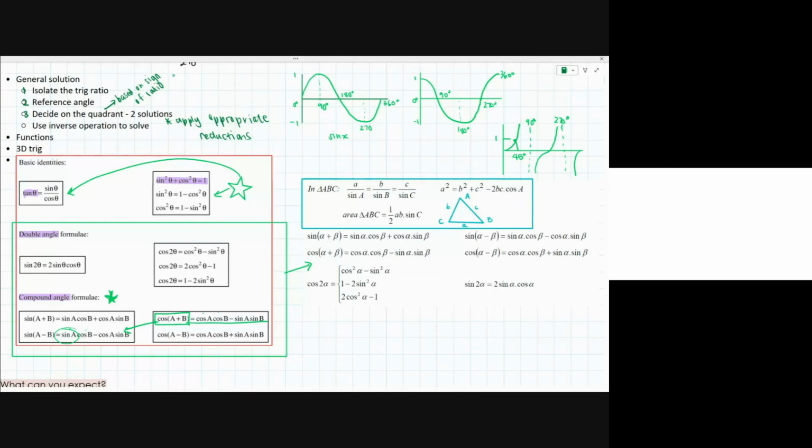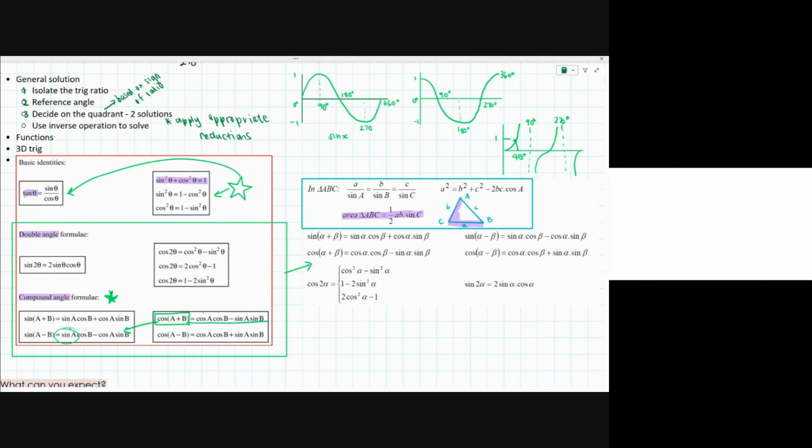So for example, if I look at my area formula, it says half ab times sine C. So there's a, b, and here's angle C. All that says to me is I must take half the product of two adjacent sides. So I don't have to have ab. I could have bc. I could have ac. As long as they are right next to each other, and then the sine of the angle in between them.